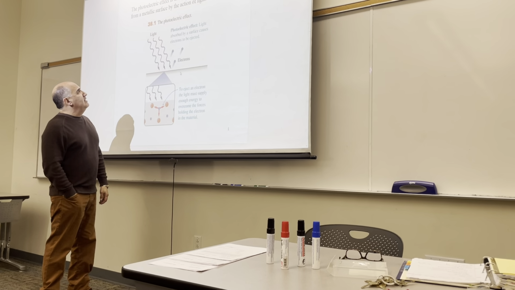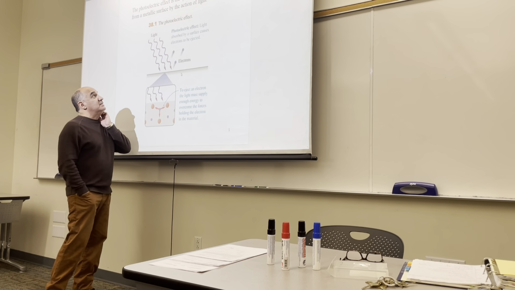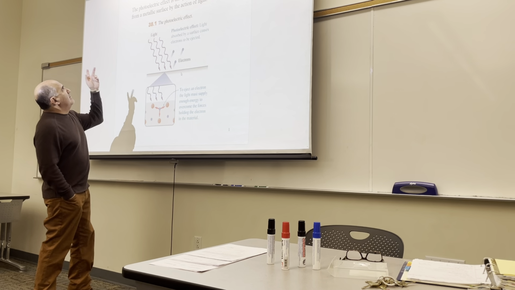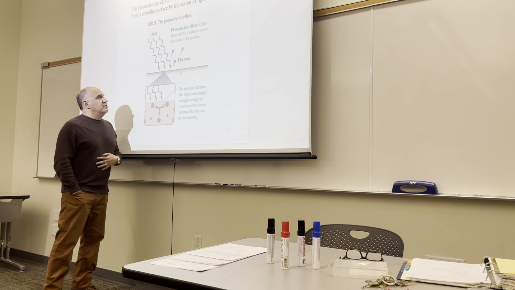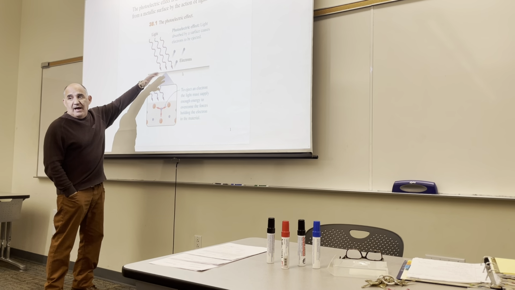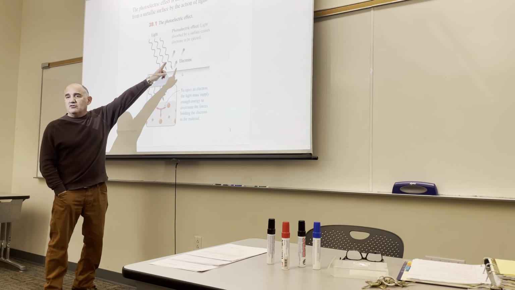But in the photoelectric effect, what was observed experimentally by Heinrich Hertz, 1887, I think is what I saw over there as the year, is you shine light on a metal, and depending on the frequency of the light, electrons come off the metal.